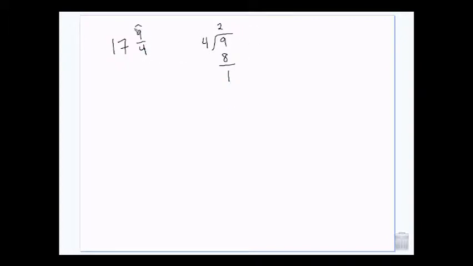So 9/4, this part, is equal to 2 1/4. So basically 17 9/4 is equal to 17 and 2 1/4. Does that make sense? Yeah, okay. And then the 17 and the 2 get combined to give you the 19 1/4.